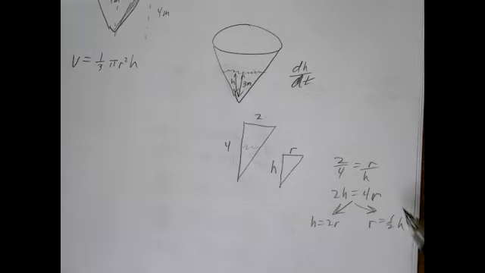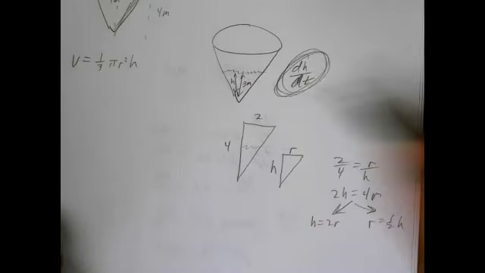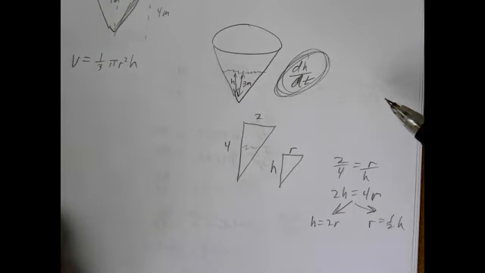Well, they've asked us, how fast is the water level rising at some point in time? In other words, we've already said it's dH dt that we want, which means H needs to stay in the problem, and R is the one that needs to be replaced. That's how I decide that this is the one I want to use. R's got to go.